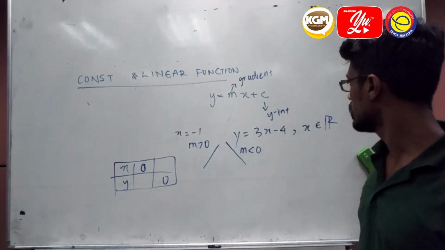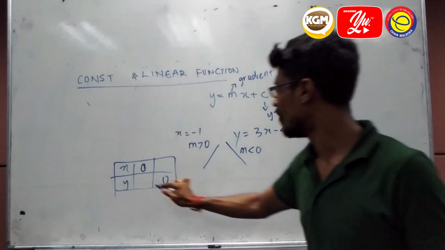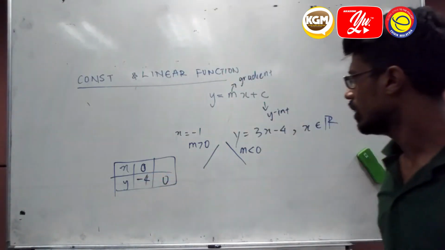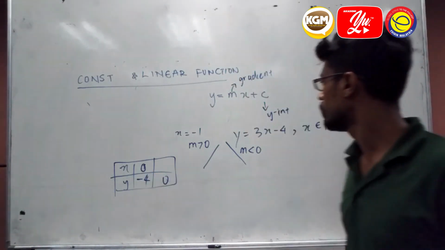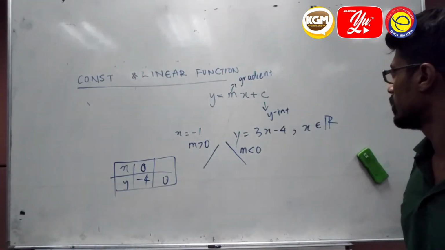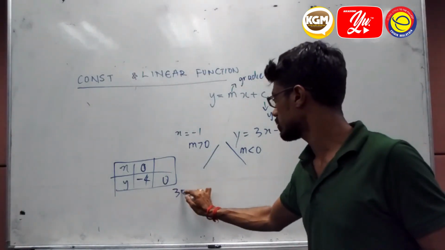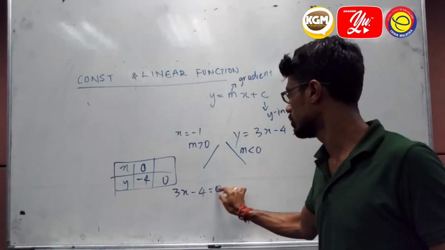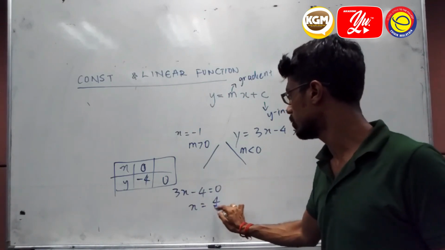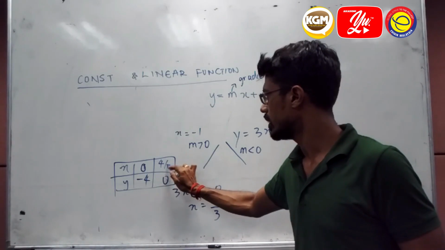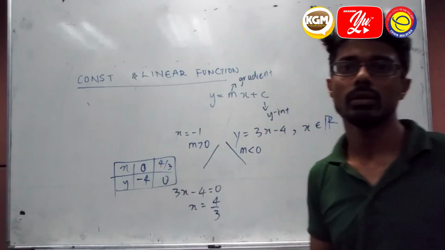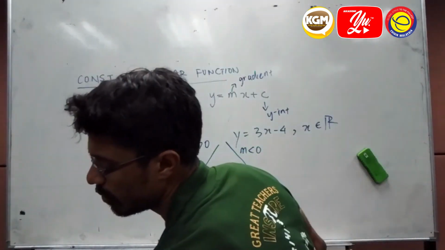So when I put x0, you're going to get your y to be -4. And then when you got y0, we can go and calculate the value of x. So 3x minus 4 equal to 0, and this is going to give us x equal to 4/3. There you go. 2 simple points. First I thought I would use some value of x.